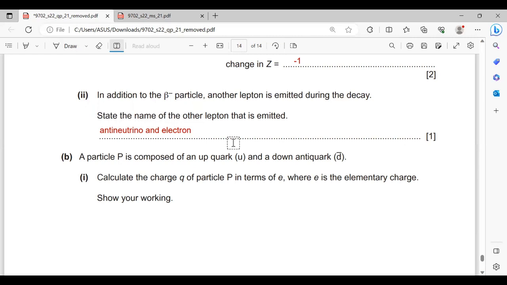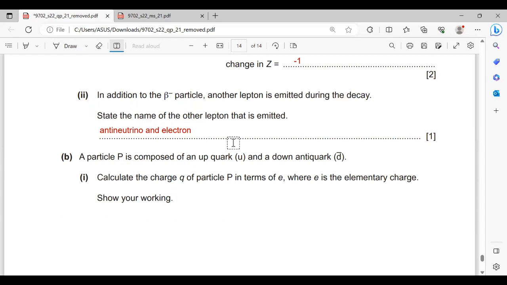Different in beta minus decay: in beta minus decay, the weak interaction turns a neutron into a proton, when an electron and an anti-neutrino are emitted. Yeah, I'm going to explain later in another video.